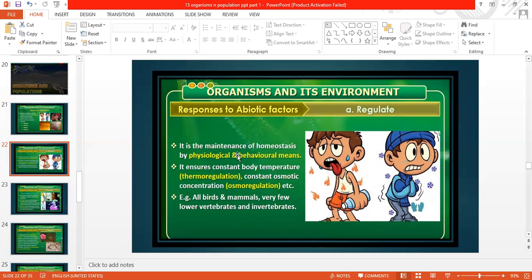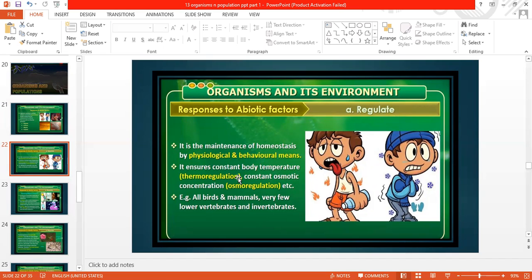Some organisms maintain homeostasis by physiological and behavioral means. Such organisms are called regulators. It is the maintenance of homeostasis by physiological and behavioral means.